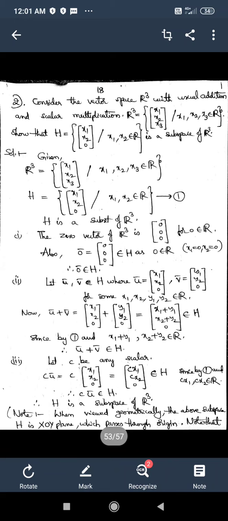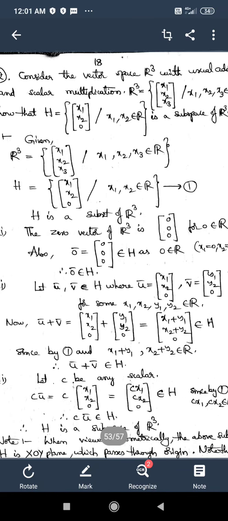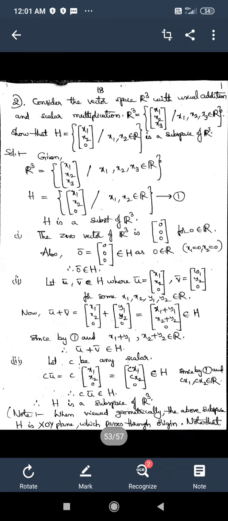And we can also see that this passes through the origin, because x1 and x2 can take the value 0, 0, and (0, 0, 0) can be an element of H by taking this form with the third entry as 0. So the subspace H passes through the origin. One of the elements of H is the origin, that is (0, 0, 0), the 0 vector.